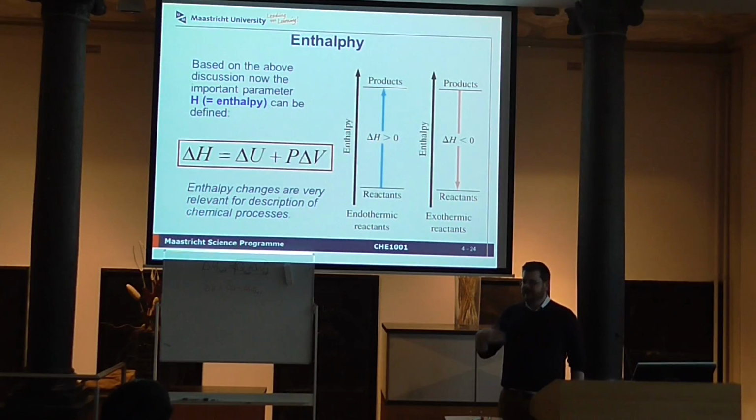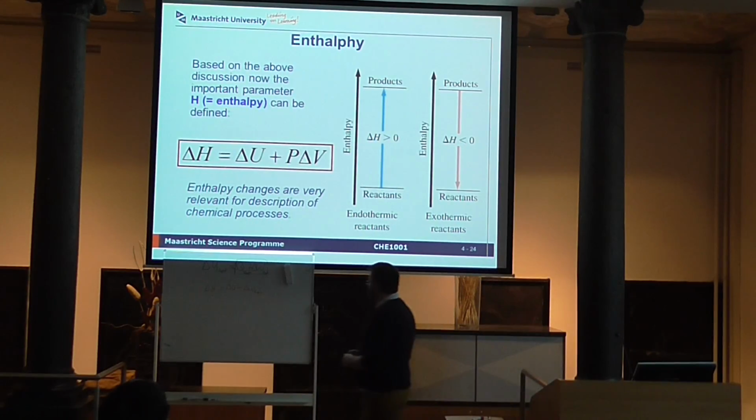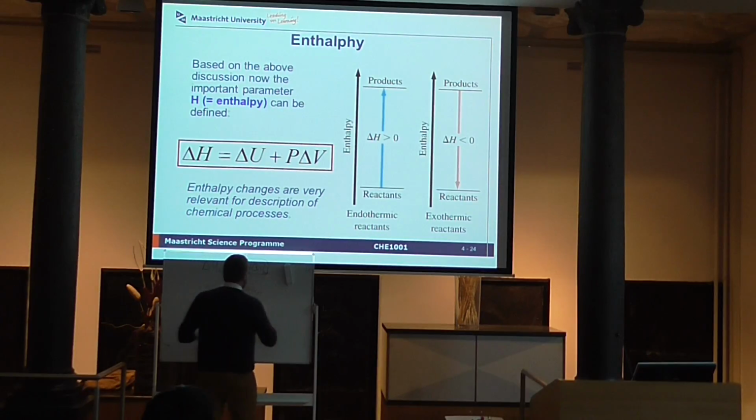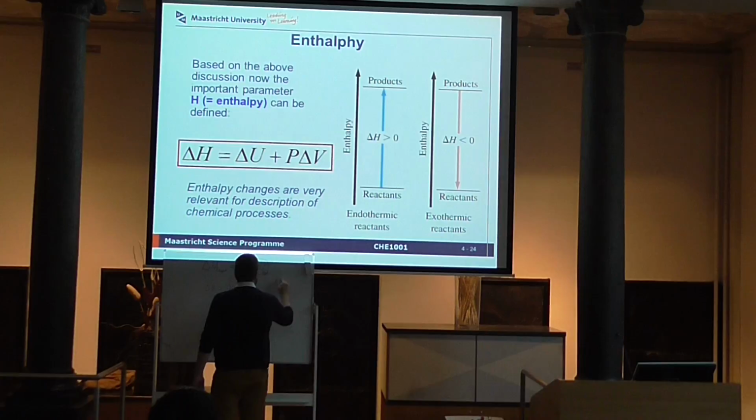But if work is being done by the system, we can write this as a plus. And that's how we get that equation over there. Remember, we defined P delta V as work. So if we've got constant pressure, the work done by the system, if there's expansion, is P delta V.